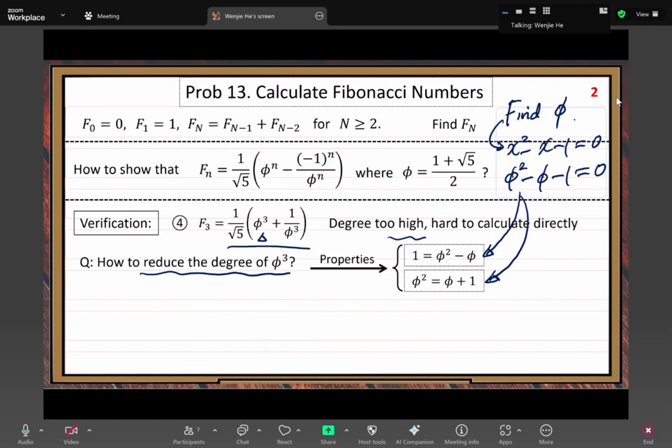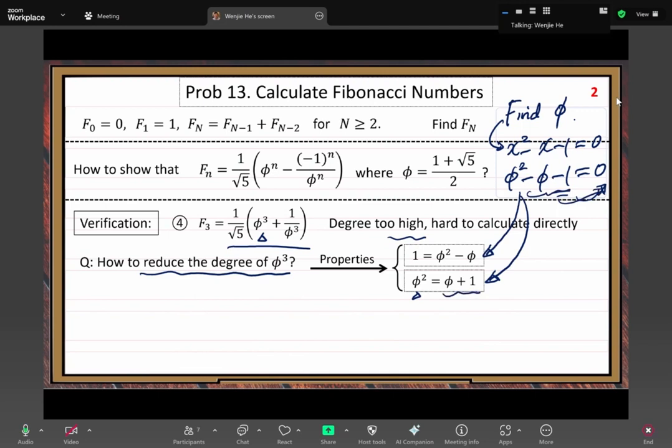Then you can easily get these 2 properties. The first property, you add 1 to both sides, right? So you get 1 equals phi squared minus phi. The second one, because sometimes you need to work with phi squared, you move these 2 terms to the right-hand side, so you have phi plus 1.